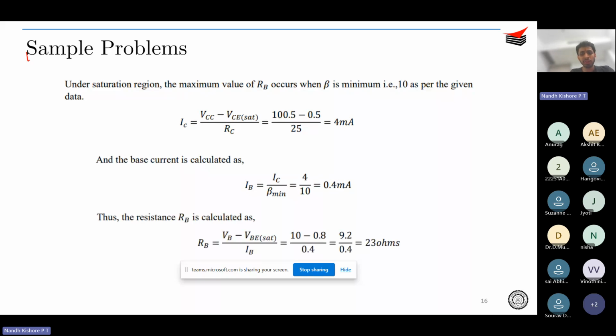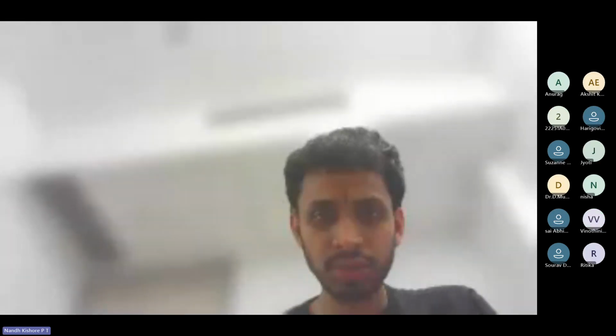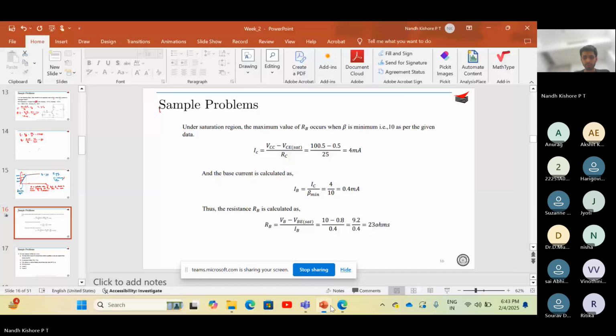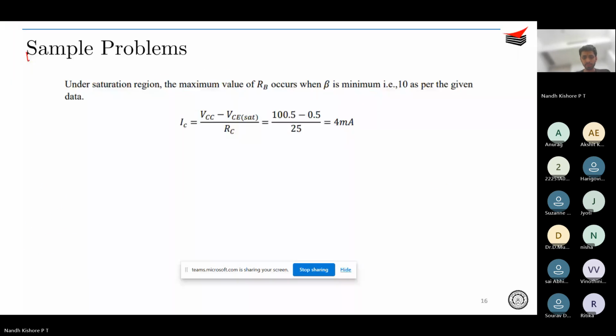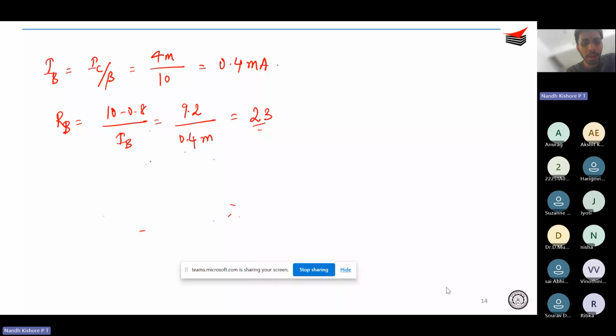Therefore, 92 by 4 is 23, and 1 by milli is going to be K. So the RB that you need to use is 23K.